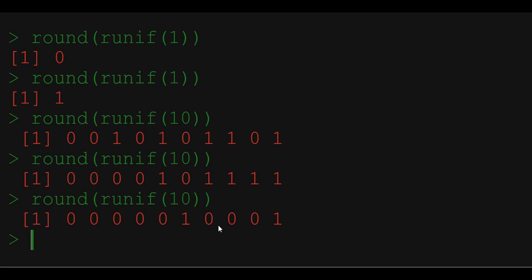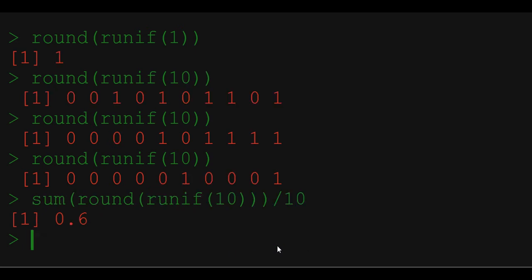To get the percentage, we just need to sum up all the observations. This will give us the number of ones in 10 draws, and if we divide it by the number of draws, which is 10, we're going to get the percentage of ones in our sample. So in this case, 60% of all draws are ones and 40% are zeros.